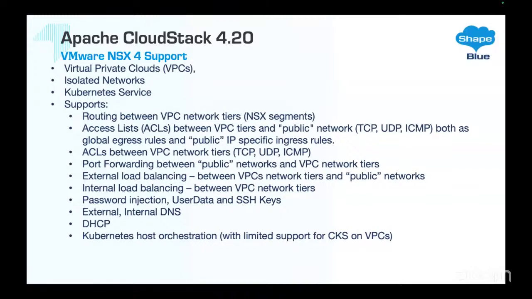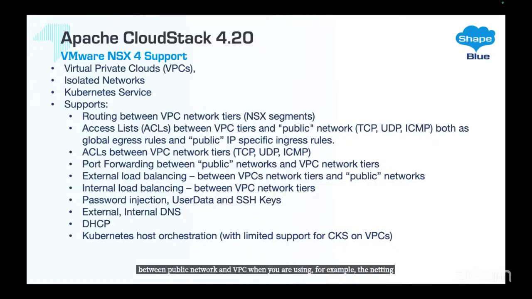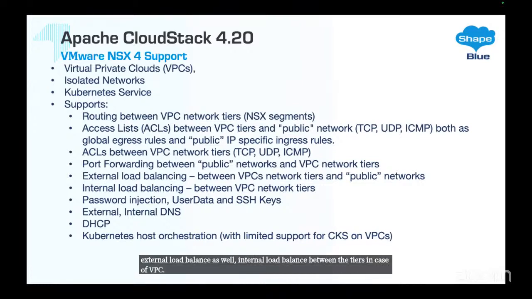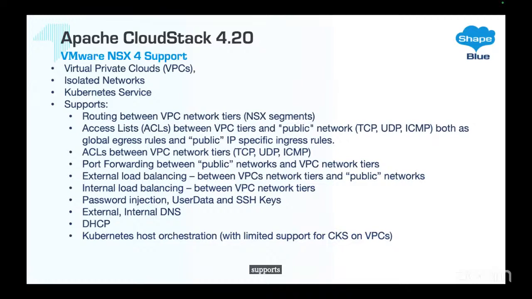It also supports port forwarding between the public network and VPC when you are using, for example, NATed networks, external load balancing as well, and internal load balancing between the tiers in case of VPC. It supports password injection, user data, and SSH keys, so you can deploy your instance and have the user data completely usable with NSX.